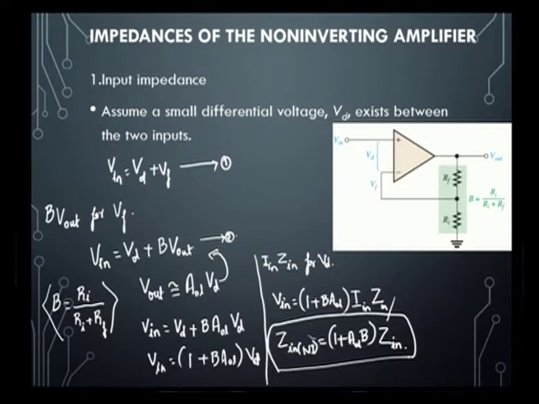The input impedance of the non-inverting amplifier configuration with negative feedback is always much greater than the input internal impedance, that is Z in. This is the input internal impedance, and this non-inverting input impedance is much greater than this input internal impedance.